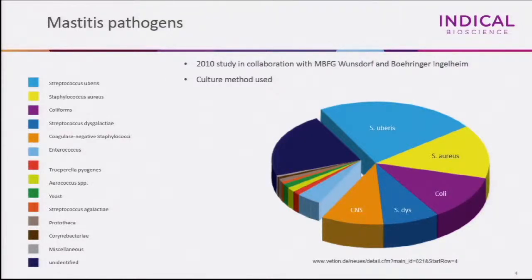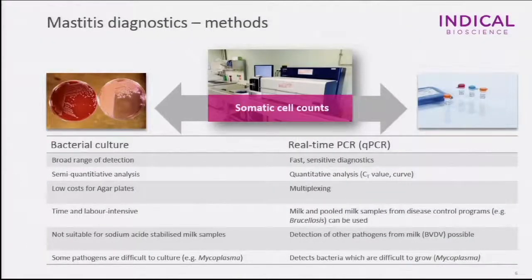We saw very similar graphs during the last 2 days. I would like to draw your attention to what is called unidentified. Since a culture method was used, I wouldn't be surprised if quite some of those were actually mycoplasma, since they are difficult to diagnose with culture.